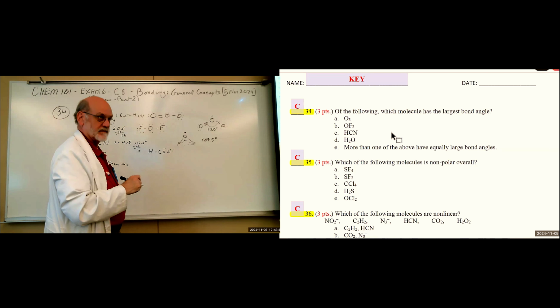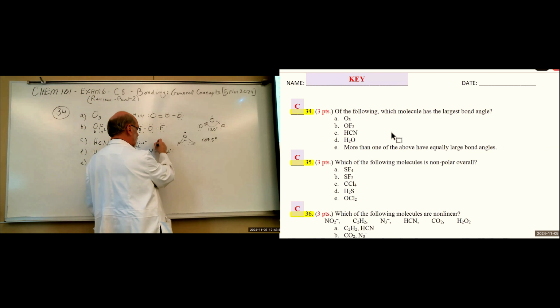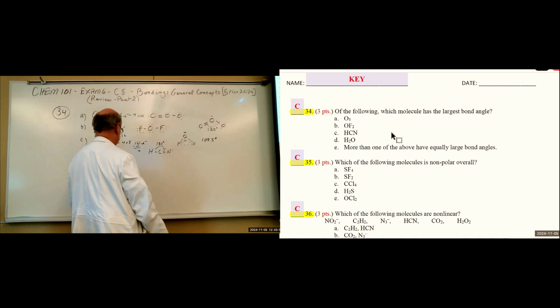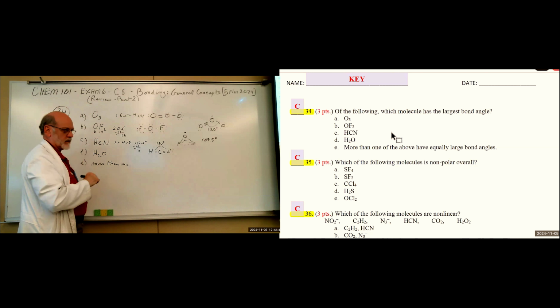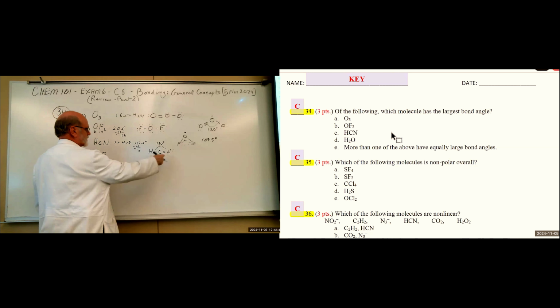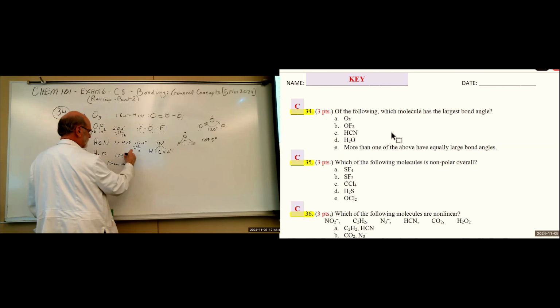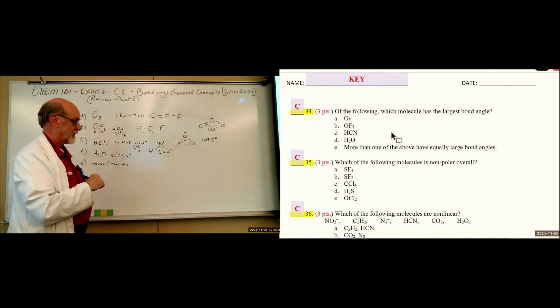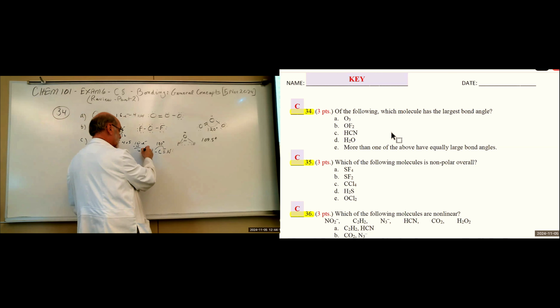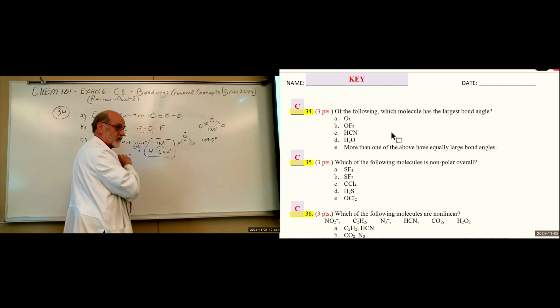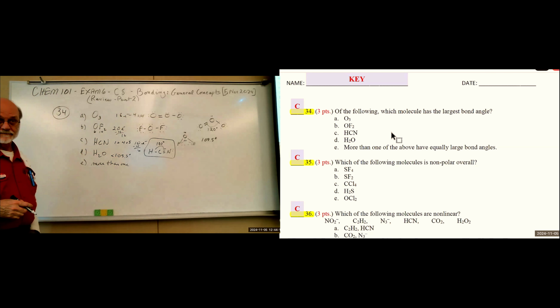That gives us a linear molecule, 180 degrees. And we know water, we've done water so many times. It's like this one, 109.5, actually less than. So the largest bond angle is this one right here. A 180-degree linear molecule is the largest bond angle.